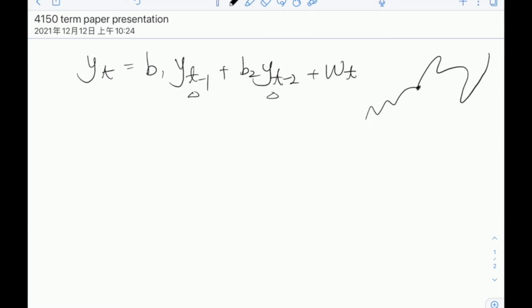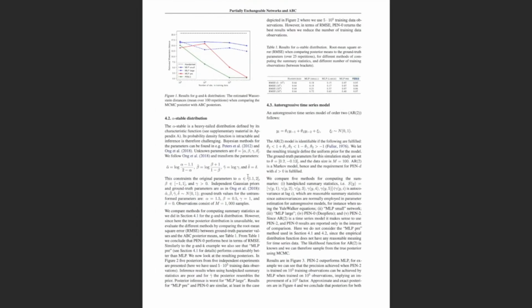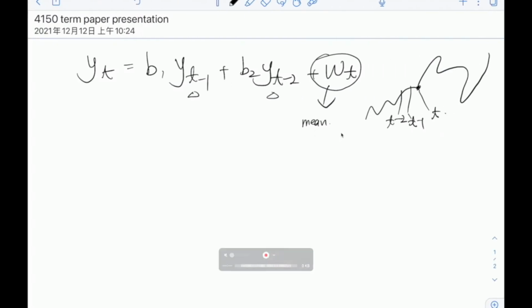So this value is dependent on this value and this value: t-2, t-1, and this t. So this is white noise. White noise means that the expectation, the mean value of it, they define as 0, and the standard deviation is 1. So this is white noise, because if there's no white noise, the function will become a line.